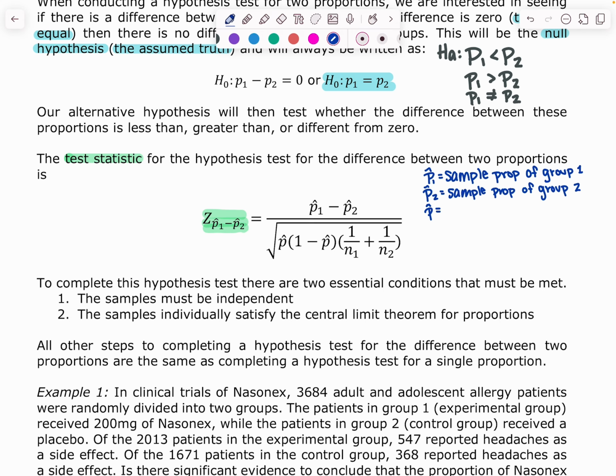P hat is the pooled sample proportion. So it's the overall sample proportion. N1 is the sample size of group 1. And N2 is the sample size of group 2.